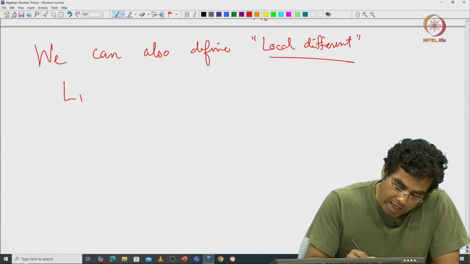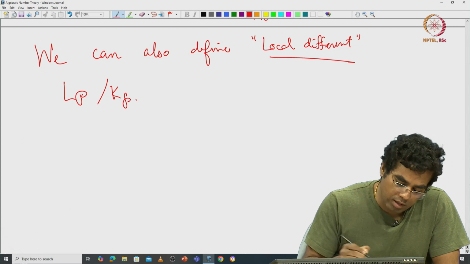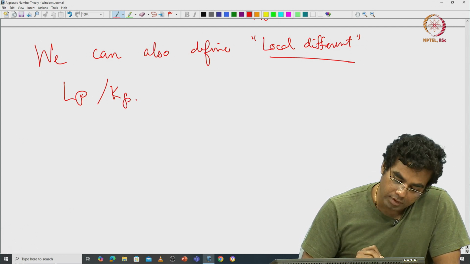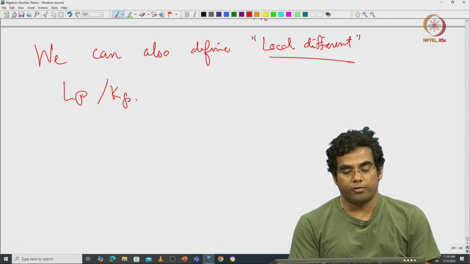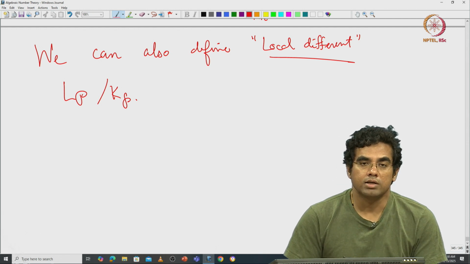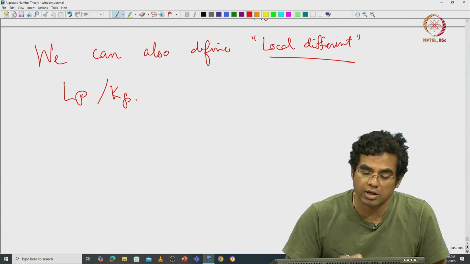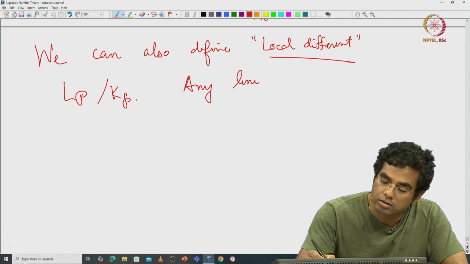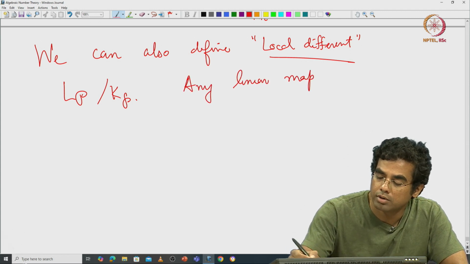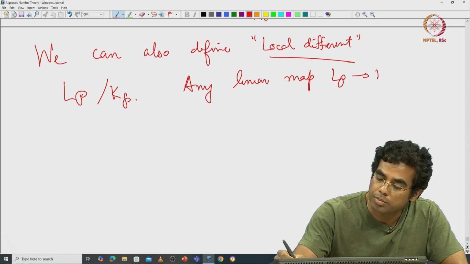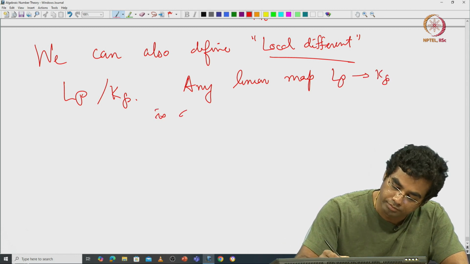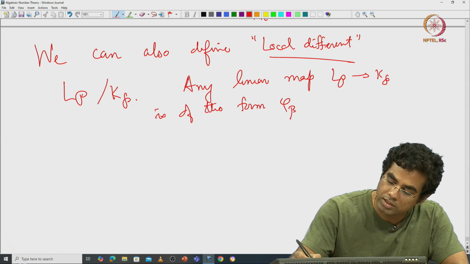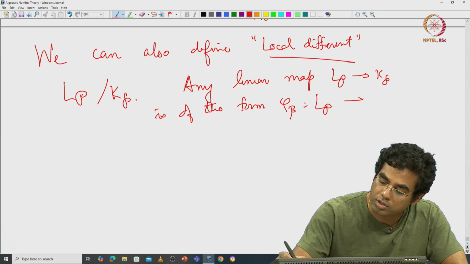What I have is LP over KP, and I can consider, right, any linear map from LP to KP is of the form phi sub beta from LP to KP.